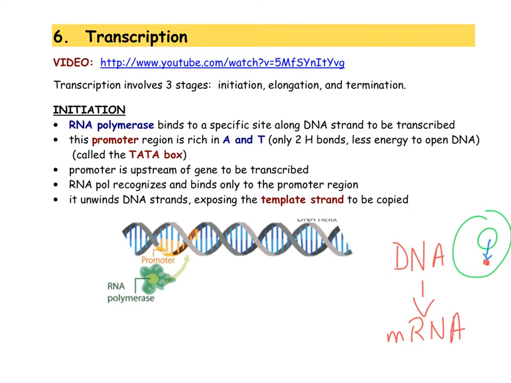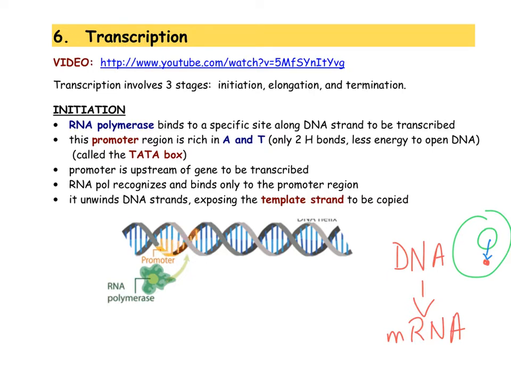Now, here it is. I've just outlined this here in our note. The promoter region is rich in A and T. So adenine and thymine on our DNA molecule is going to be a segment there that's rich in that. And the reason is it takes less energy to break up A and T as opposed to a bunch of cytosine and guanines, because, of course, adenine and thymine are only bonding by 2 hydrogen bonds as opposed to 3.